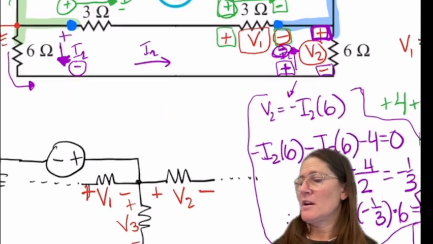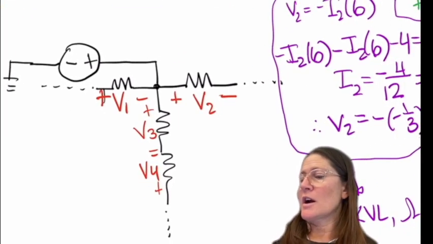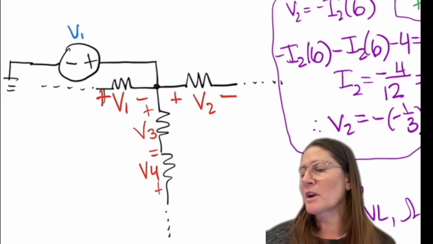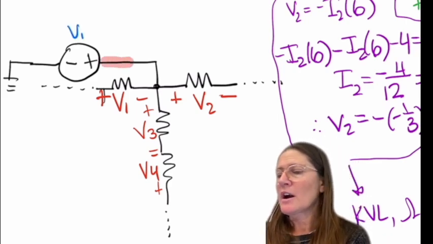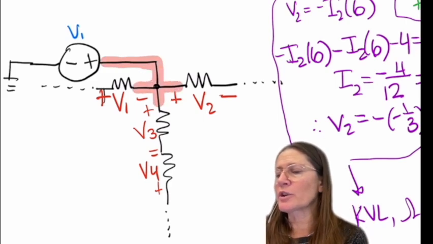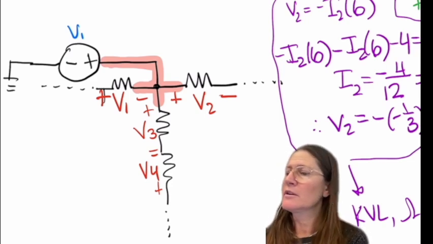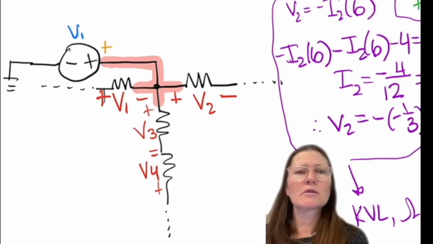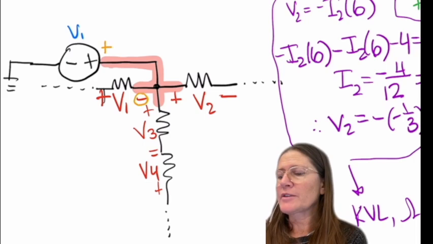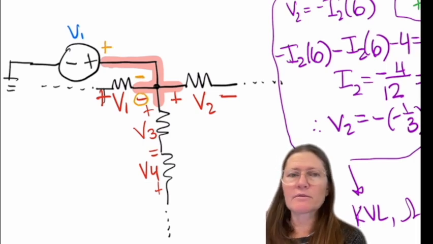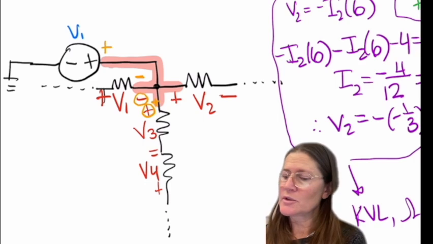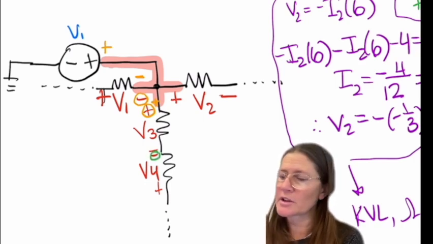Okay. All right, so let's talk a little bit about the polarities. So if this is my V1, I notice that on the node that's closest to V1, this is going to give me a plus, maybe orange. This polarity that's closest is going to be a negative. This polarity that's closest is a positive. I'm going to do a different one. This polarity on V4 is going to be a negative.